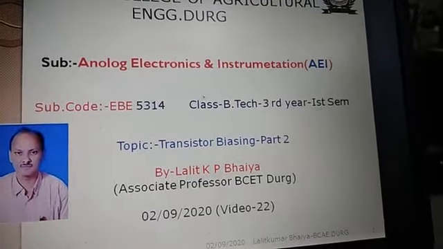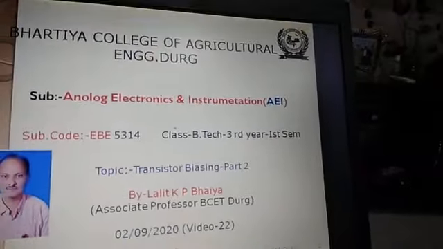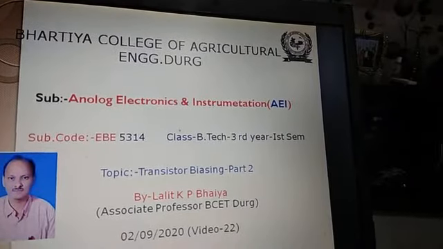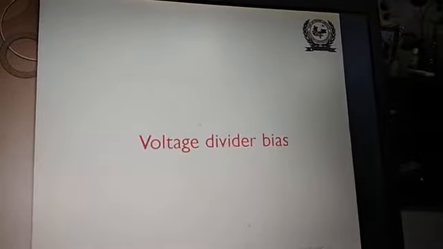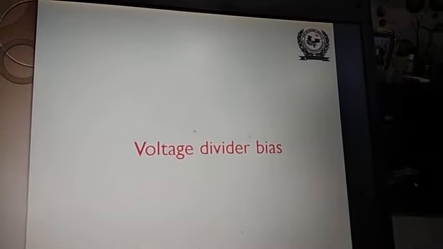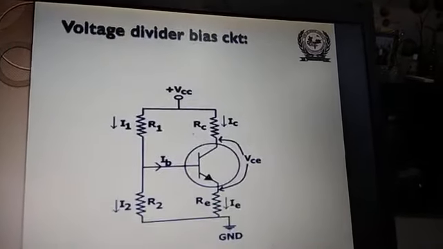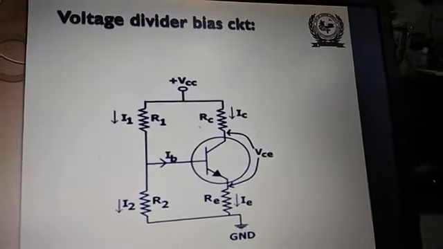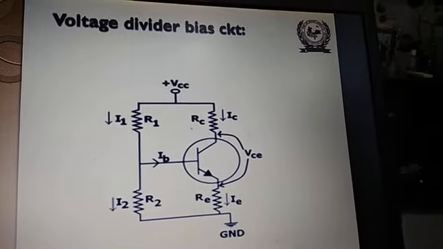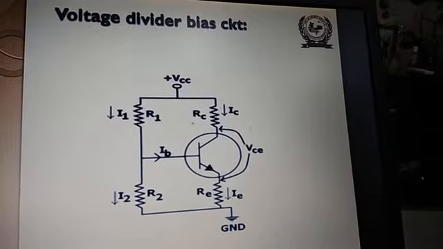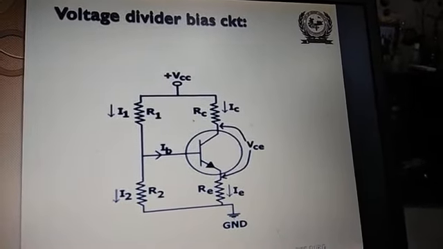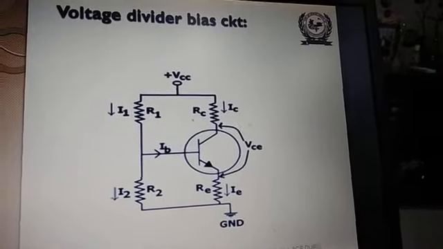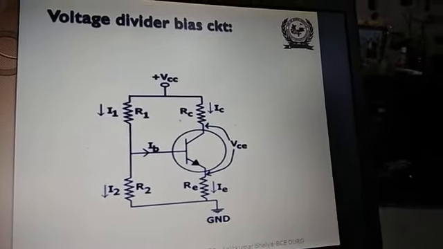Transistor biasing circuit and compensation circuit we have seen. This stabilization and compensation is important. As we have seen here, this is voltage divider bias, and the thermal runaway in this voltage divider bias occurs in circuits which are biased properly.